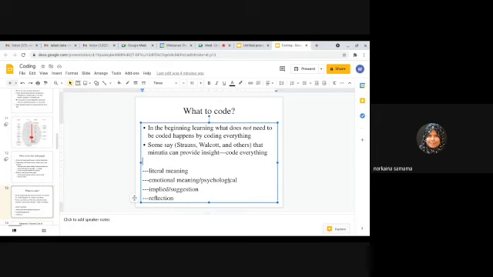Emotional is the feeling expressed in the statement. The suggestion is what the statement is suggesting, what it implies. Then reflection is the realization from the statement.